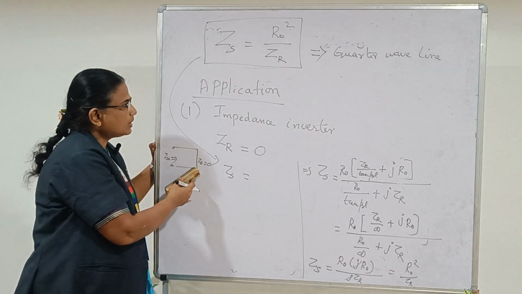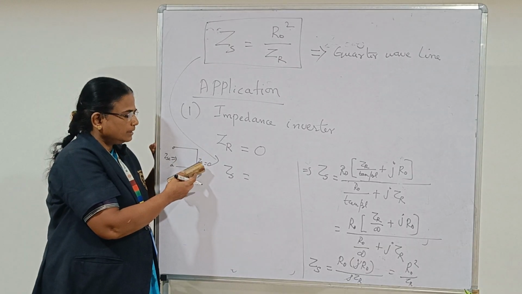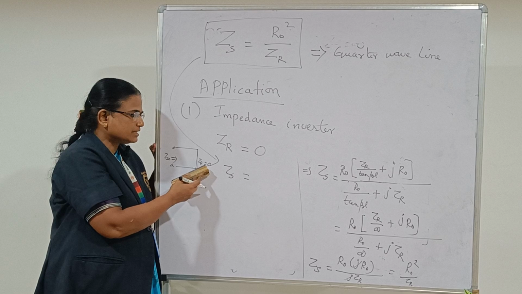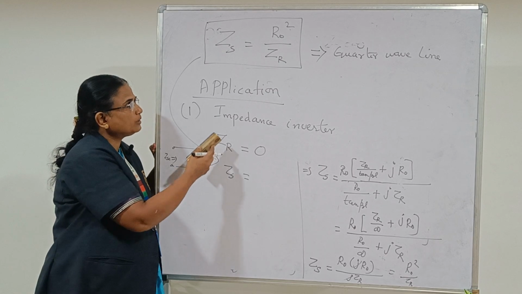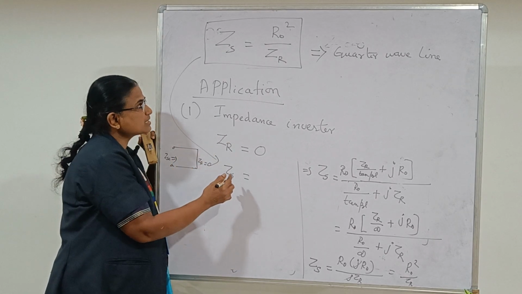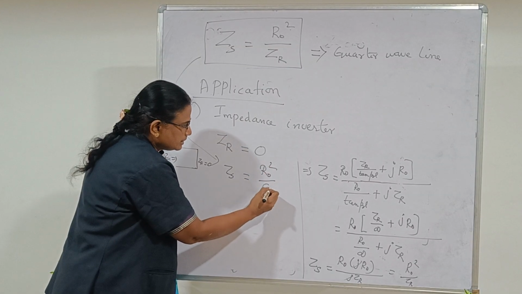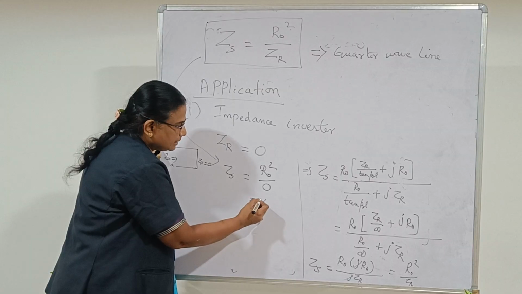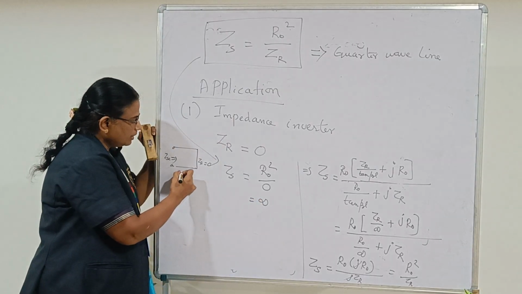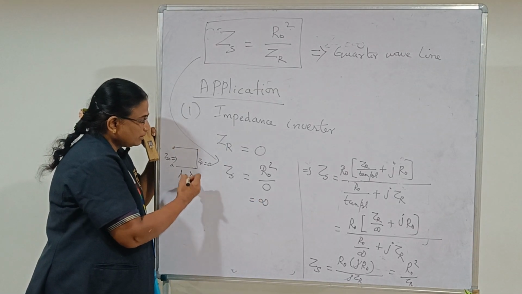When you consider a short circuited line, the receiving end impedance is 0. So the corresponding sending end impedance is R0 square divided by 0, which is nothing but infinity. So this is applicable only for the case of lambda by 4 line.